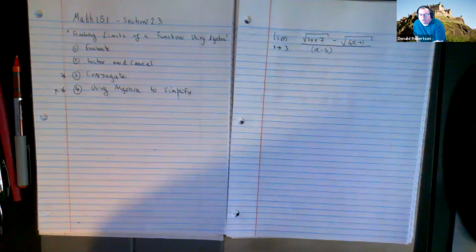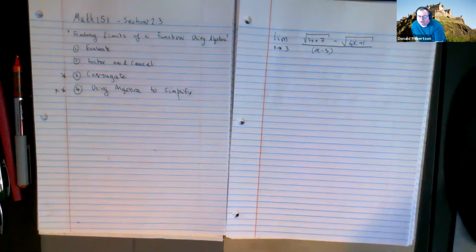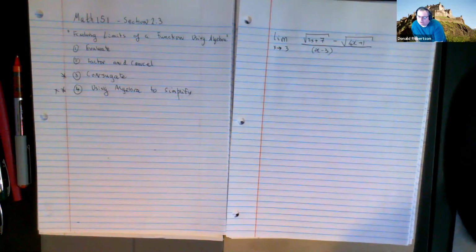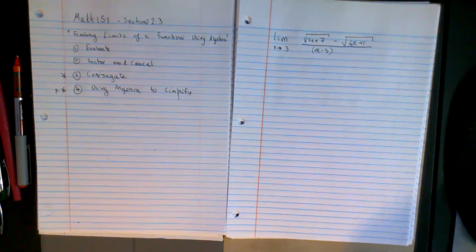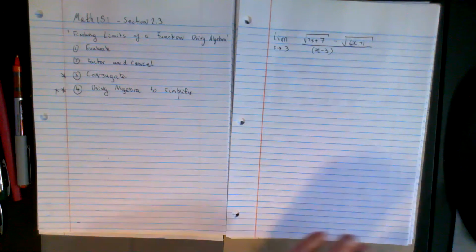Okay, there we go. In this question here, how do I know I'm going to use this technique called the conjugate? What is just screaming out saying, use the conjugate method? The square roots. What's the clue? Square roots. All right.